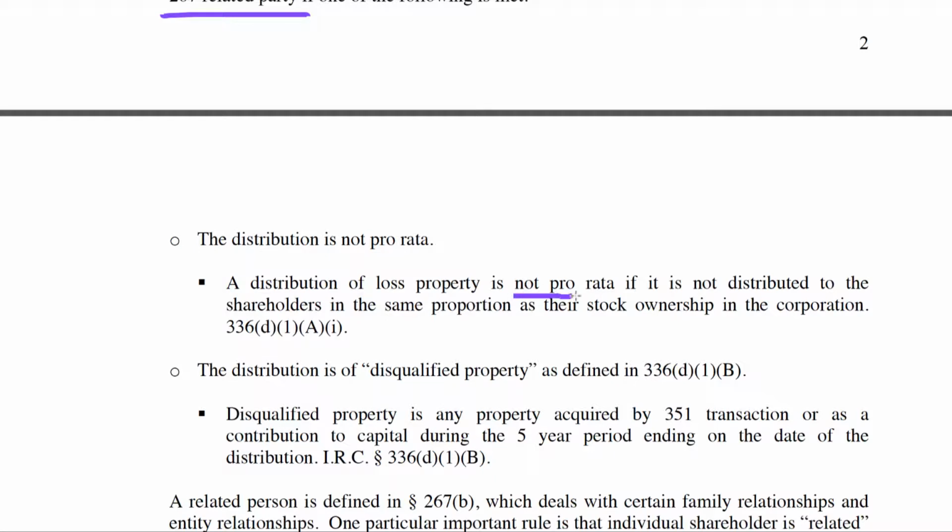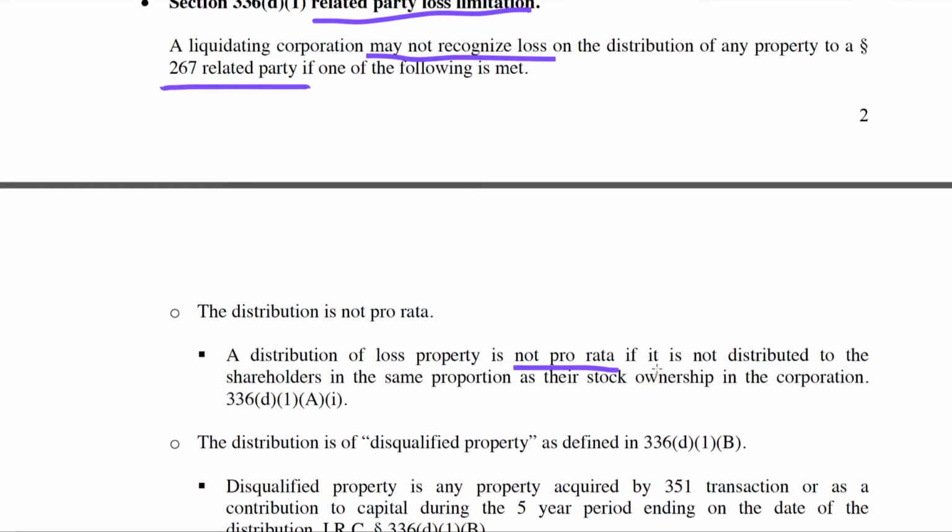If everybody gets the same percentage of stuff, then that's viewed as pro rata. But if it isn't pro rata, with people getting different things, then that's when this rule comes into play.